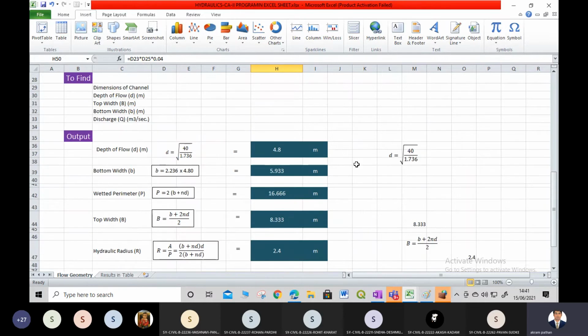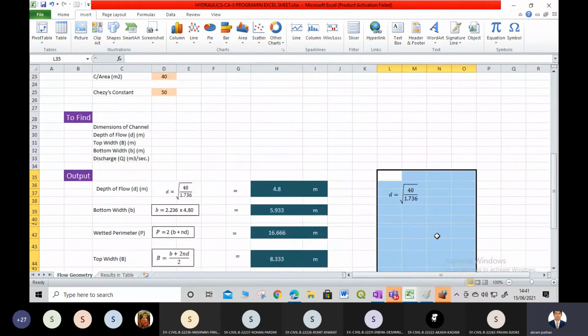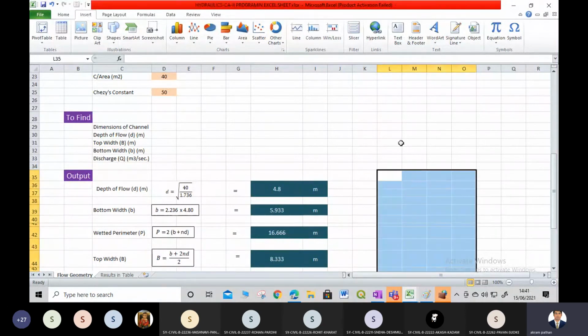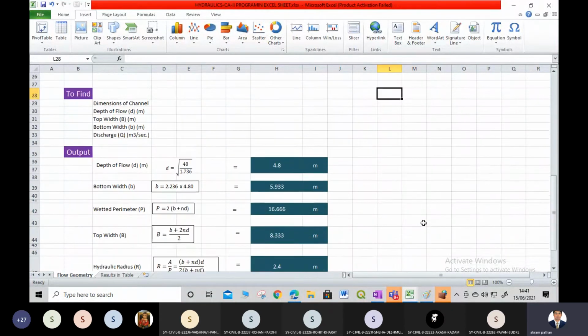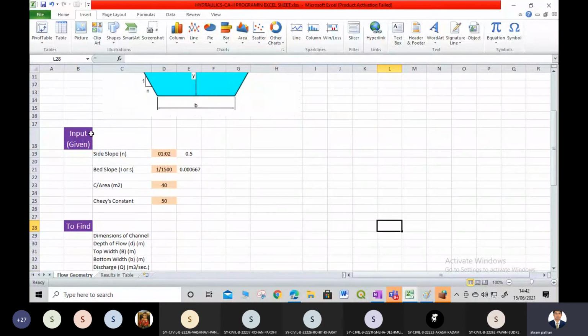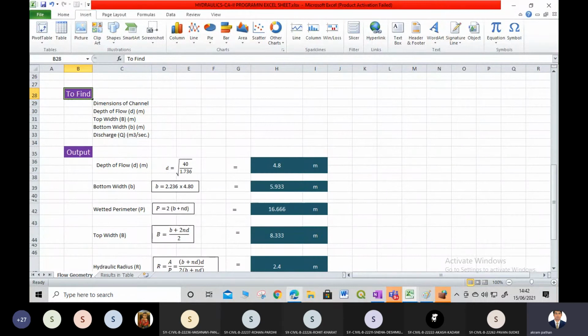So how can we generate all these things? By your Excel sheet. Such an Excel sheet will be required on the site. After developing such an Excel sheet, we draw this diagram in Paint or AutoCAD. Then we write down the input, then what we have to find out, and then this is the output.